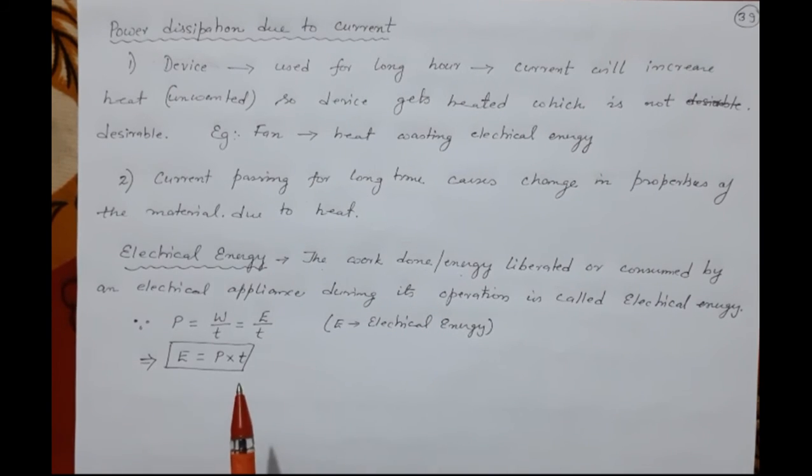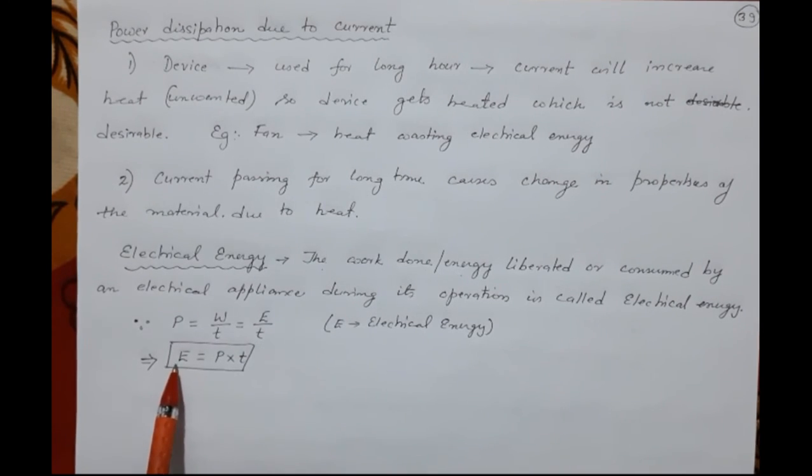So how to find it? Power is work done by time, and work done is that energy, so P equals E by T, where E is the energy used. Now cross multiply: P into T is equal to E, the energy is power into time. This energy is important because this is what we calculate in our electrical bills.